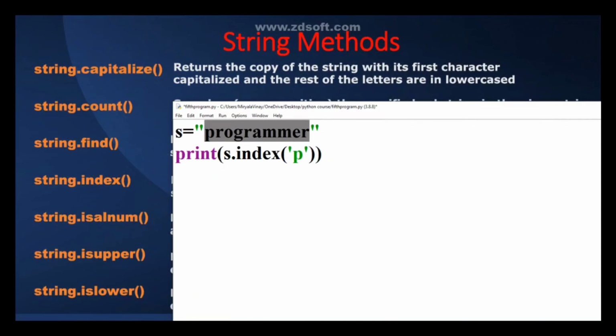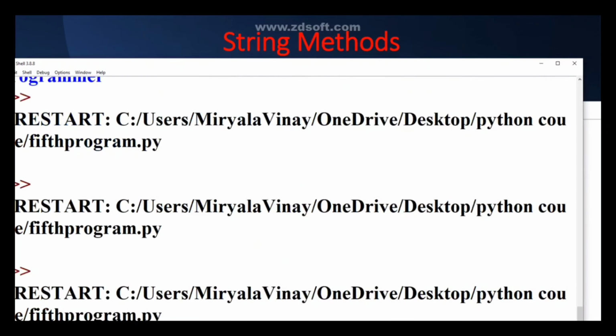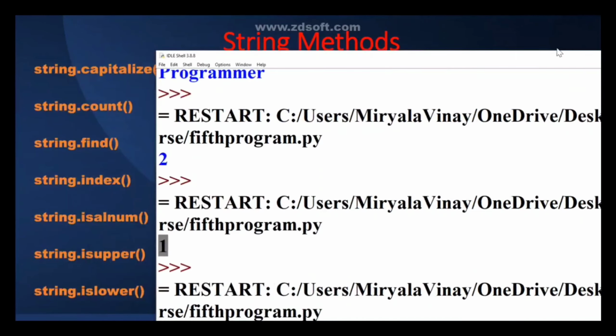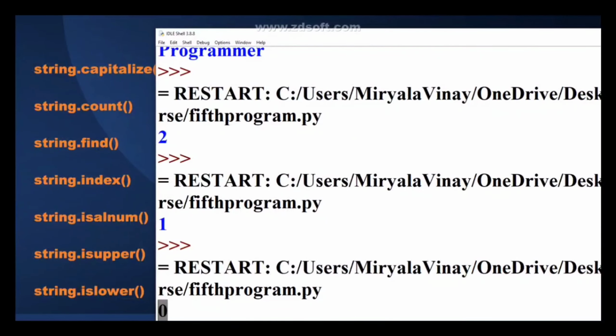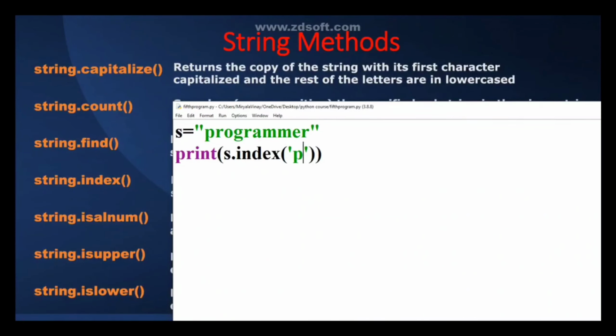It will print 0. Actually, the Python interpreter assigns 0, 1, 2, 3 and so on to the indexes, and whenever you pass a value p in the index function, it displays the index of that particular string in the main string. When I press enter, you can see the output 0, because it is the starting value, so that is why it prints 0.